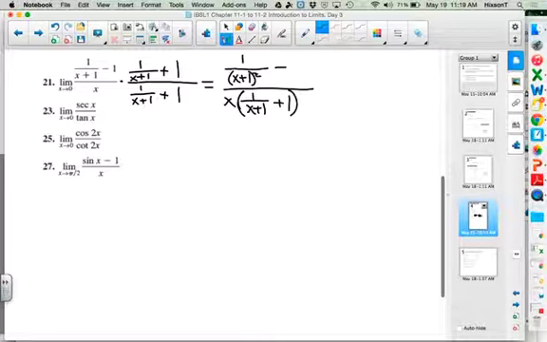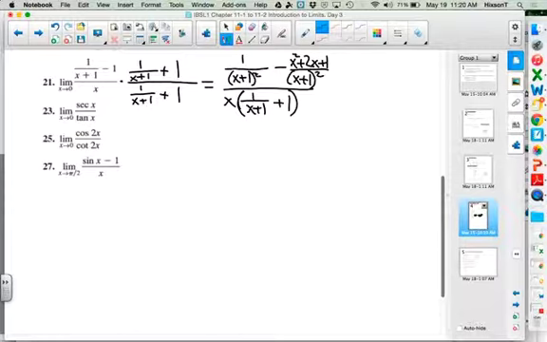I would need to make this into a common denominator, x plus 1 squared, by multiplying by x plus 1 squared over x plus 1 squared. And in my numerator, I'm actually going to FOIL this. So it's x squared plus 2x plus 1. Does everyone see what I did there? I had a minus 1 here, so I just multiplied it by x plus 1 squared over x plus 1 squared.